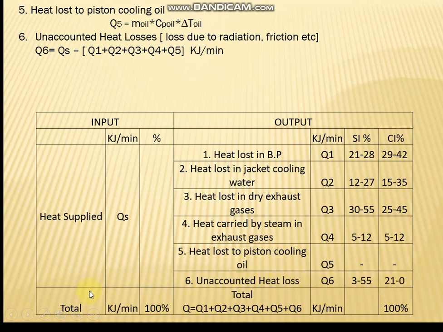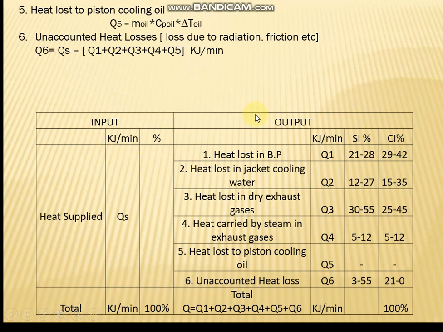So the total is 100% on both sides. This table is important. At the end of each problem you can draw this table, even in the lab. If you do the performance test, we can also draw this at the end.